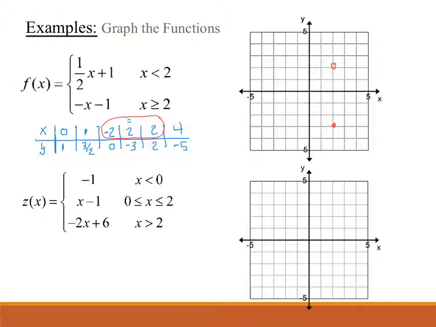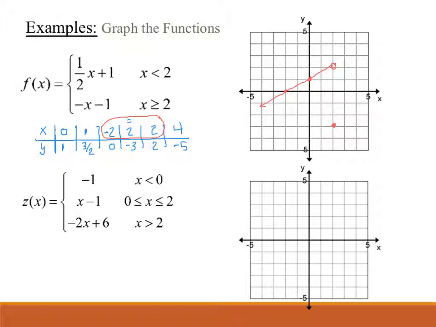When x is equal to 0, y is equal to 1. And the x-intercept is when we have a negative 2, we have it at 0. Right? So we have a line going in this direction.